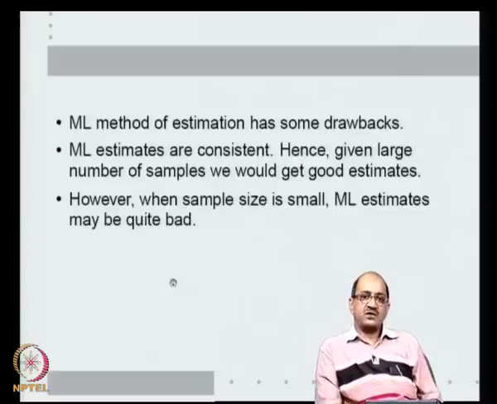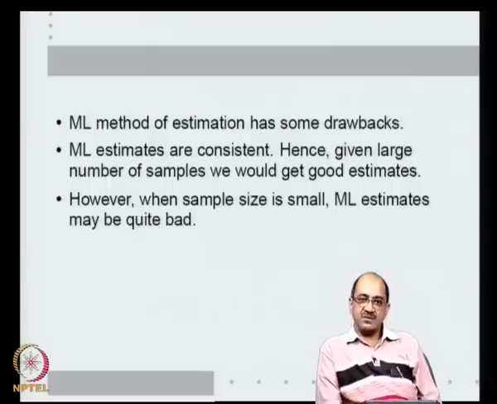But what happens if I have a small sample size? The estimates can be quite bad. For example, let us say I am estimating the probability of heads of a coin, and I do not have too much time, so I toss the coin only 3 times, and as my luck has it, all 3 times it turns out heads. Then if I want to take an ML estimate, I have to take it to be 1, nothing else.